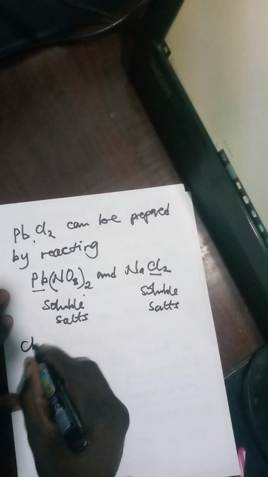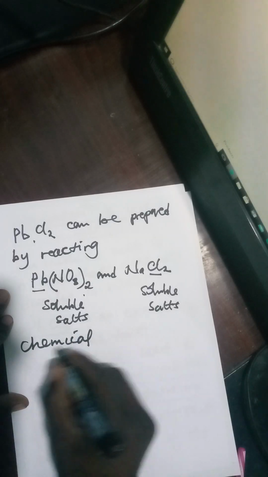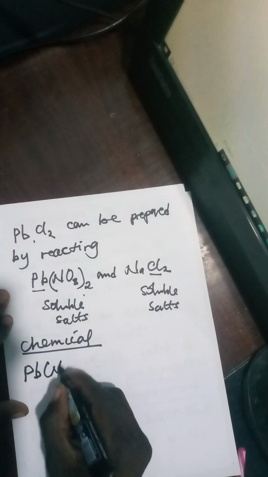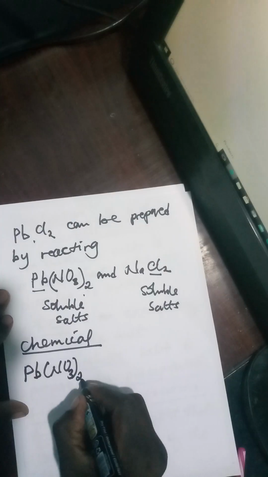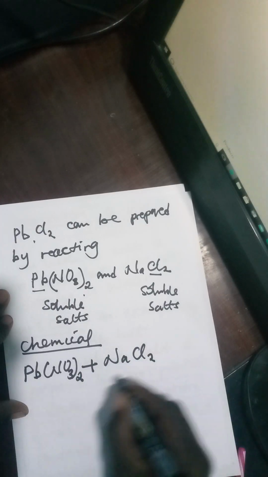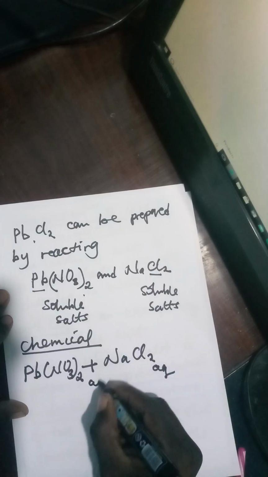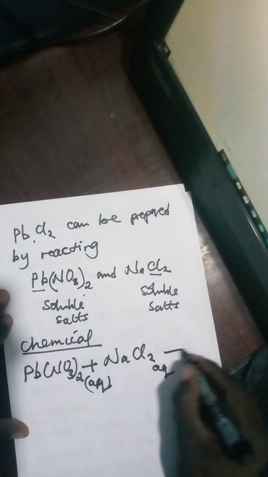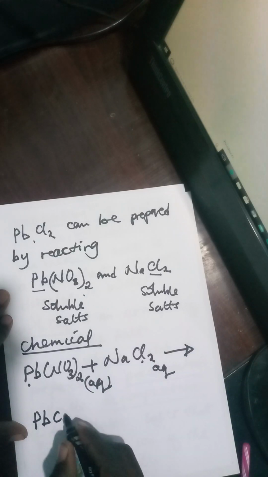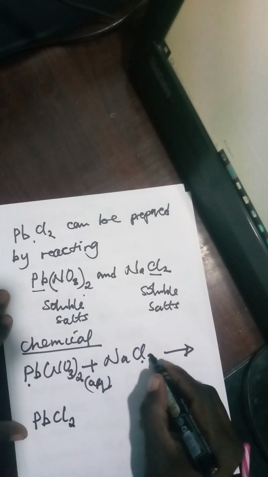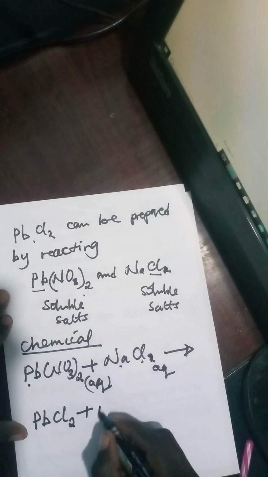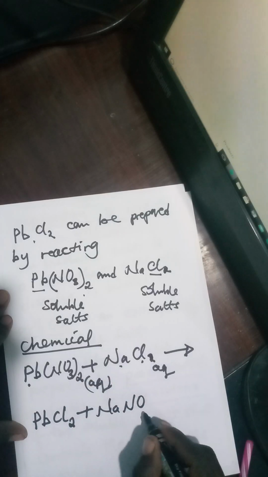So the chemical equation, how does it look like? We're going to have lead 2 nitrate and react it with sodium chloride, and they are both in aqueous state since they are soluble salts. These will combine chemically to give us lead 2 chloride, and then sodium and nitrate to give us sodium nitrate.